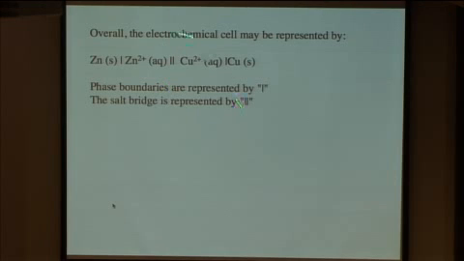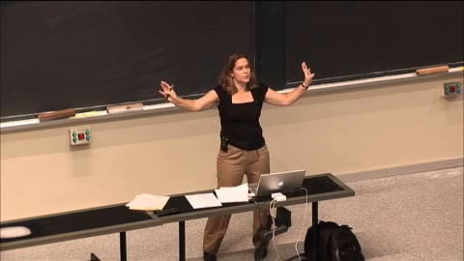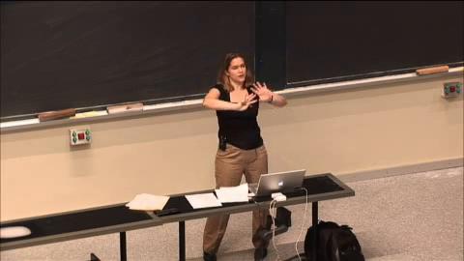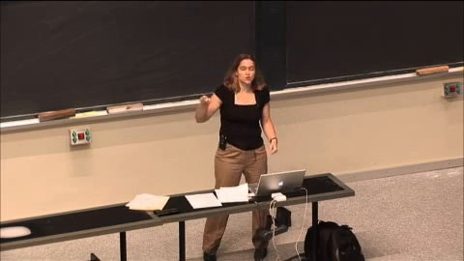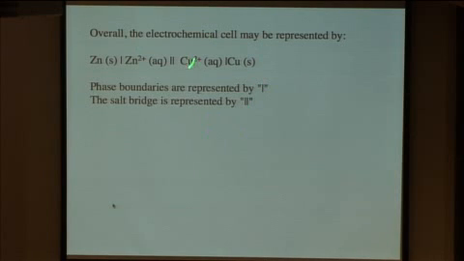Then if you see 2 little lines, that tells you one part of the reaction is in one beaker, the other part is in the other beaker. That represents the salt bridge, which separates out the 2 half reactions. And then on this side, we're going from copper +2 in solution, single line, which indicates the phase boundary, to copper solid over here.